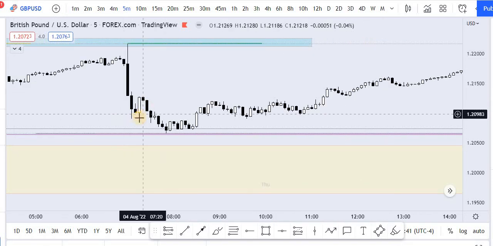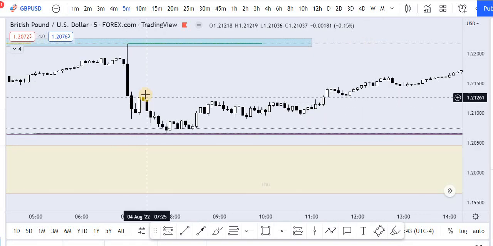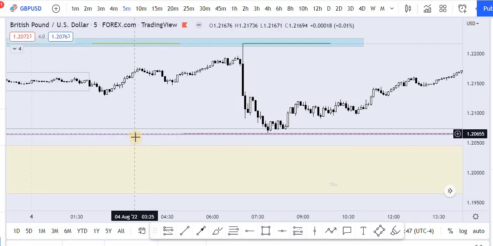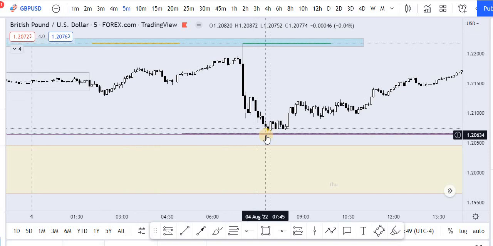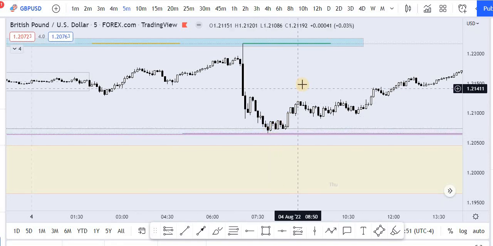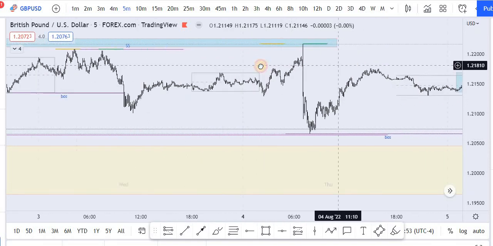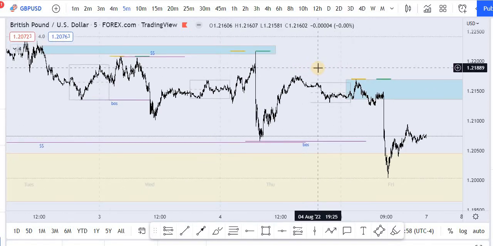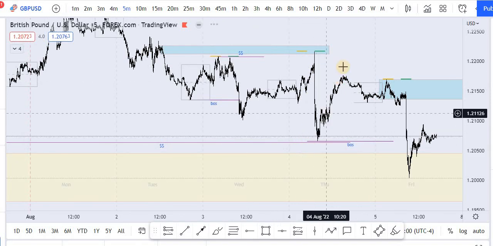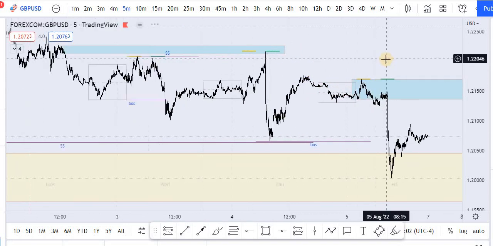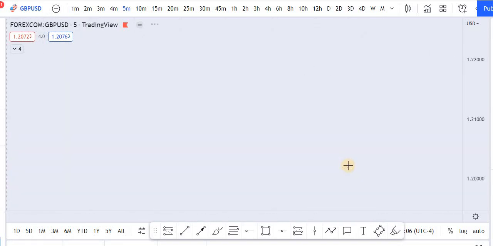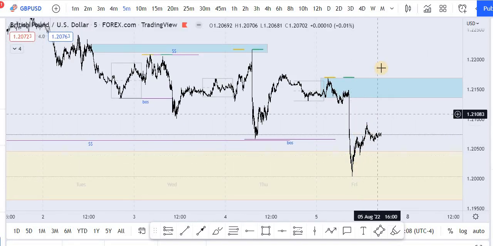You waited for the retracement and you now place your trade here, and you're very sure that price would hit this, and eventually what happened was a very painful retracement, not reversal. This retracement continued until the next day before price eventually came and hit the target.